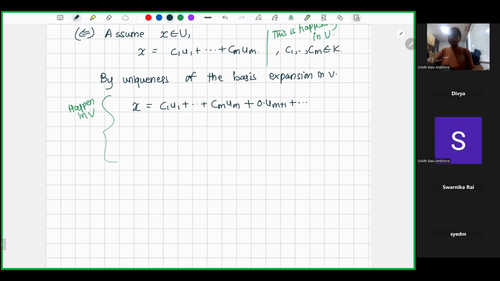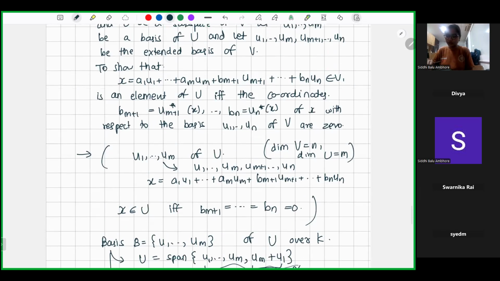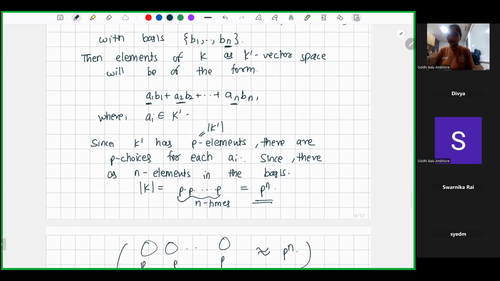And that is what we in fact used in the previous question, where b1 to bn were basis elements, and we said that ai has p possibilities, and that the cardinality of K will now be p power n. We did not check that none of them are coinciding.